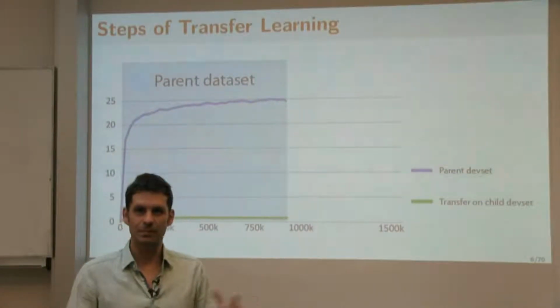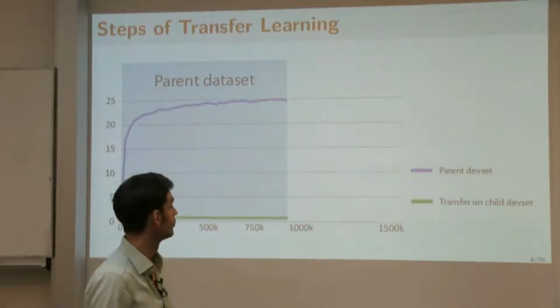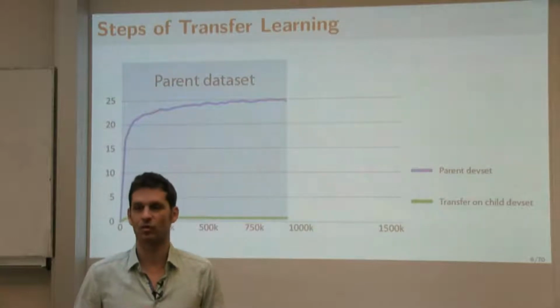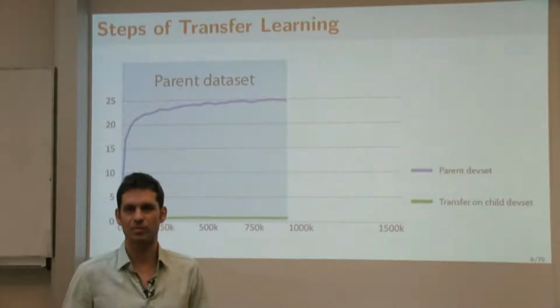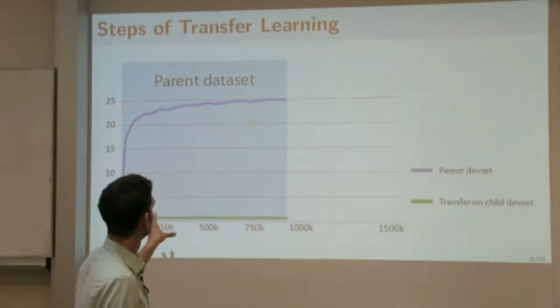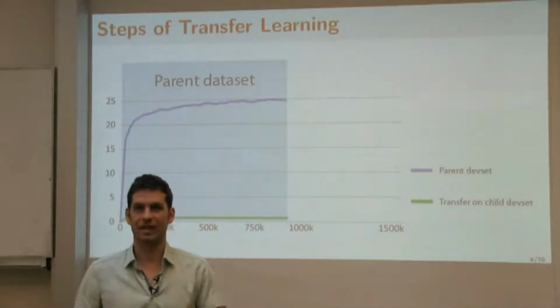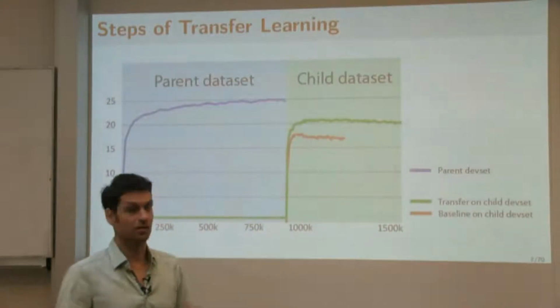Let's talk about the simplest technique that proved to be already successful. So you have some, so to say, parent corpus, parent language pair, and you train your system on that until convergence. And then you have the language pair of interest, which is called the child.